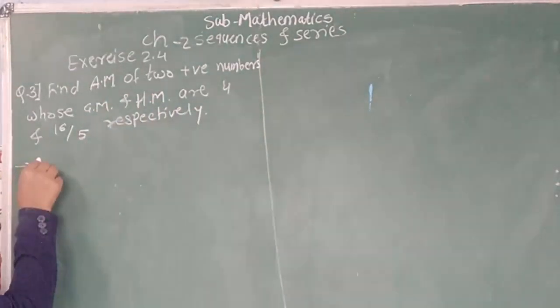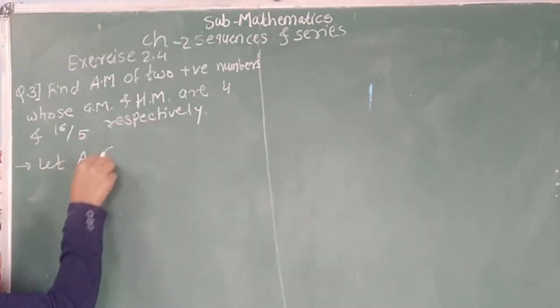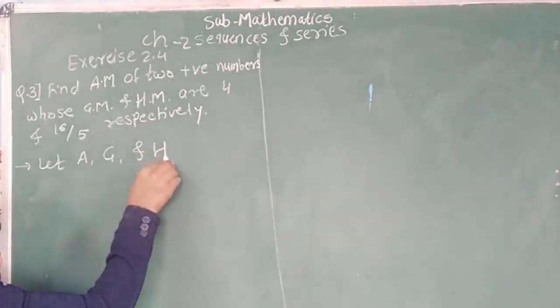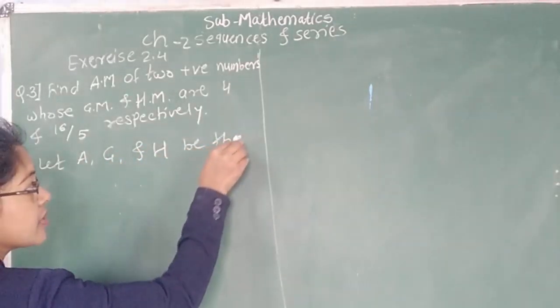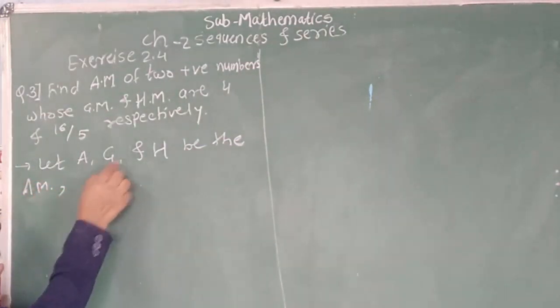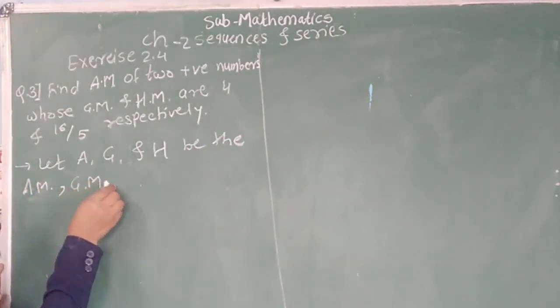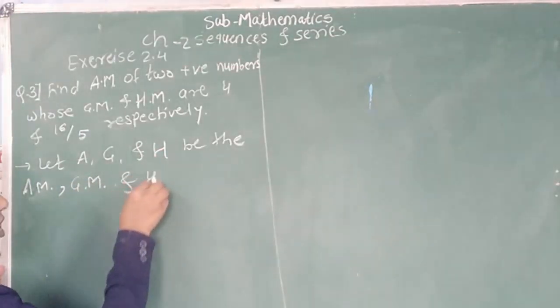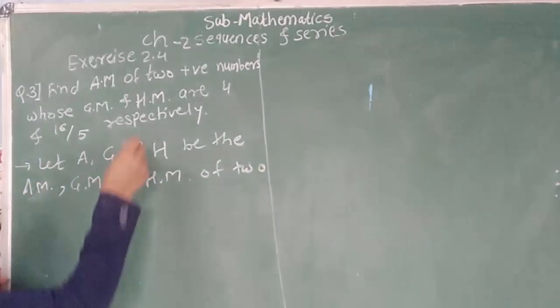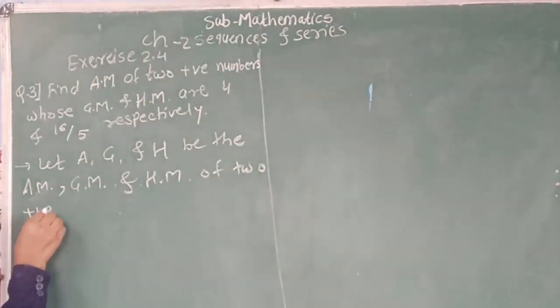Okay, so let A, G and H be the arithmetic mean, geometric mean and harmonic mean of two positive numbers.